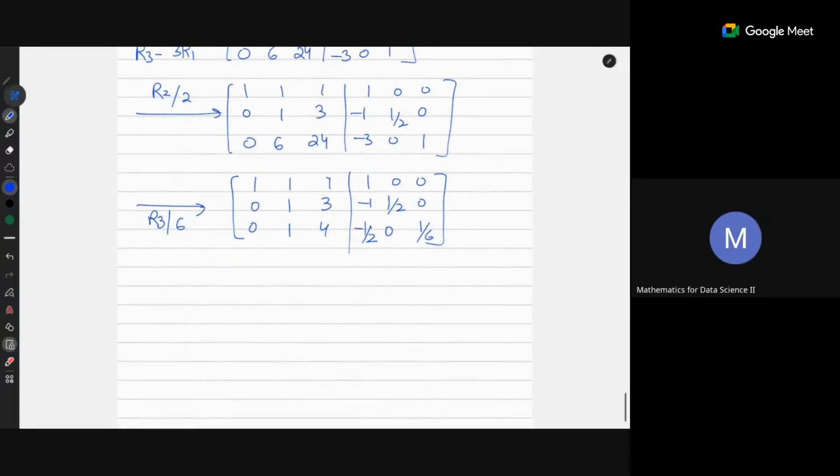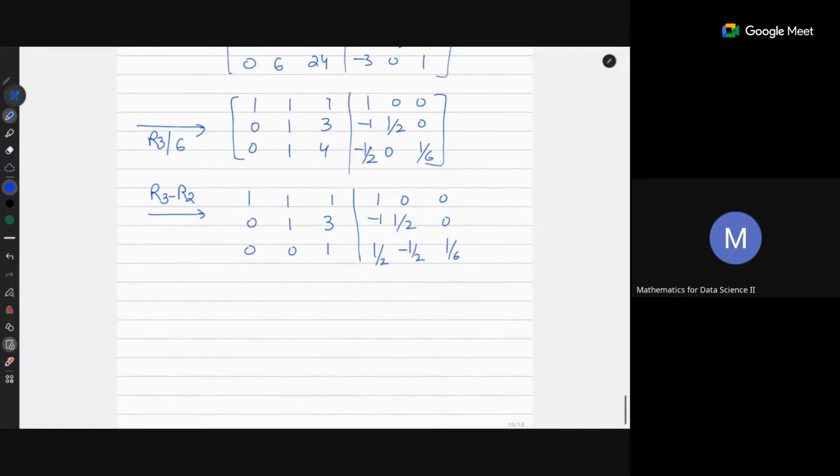All right, and then you can do R3 minus R2: 1 1 1, 0 1 3, 0 0 1, and 1 0 0, minus 1 half 0, 1 by 2 minus 1 by 2 1 by 6.